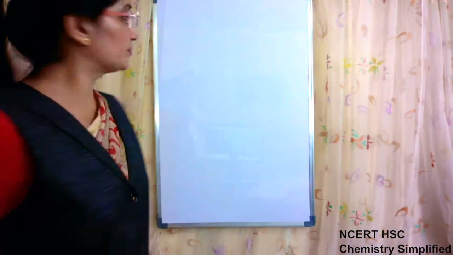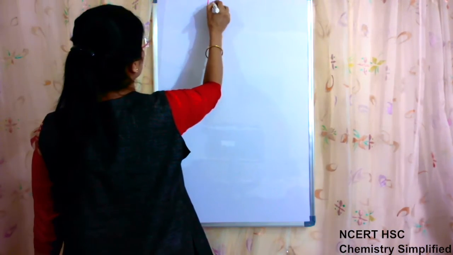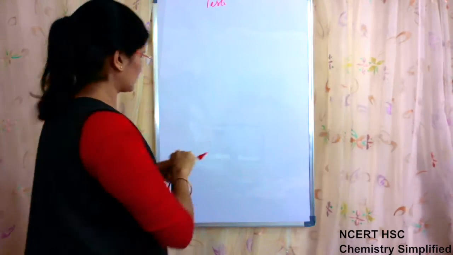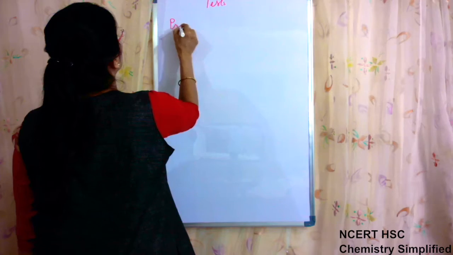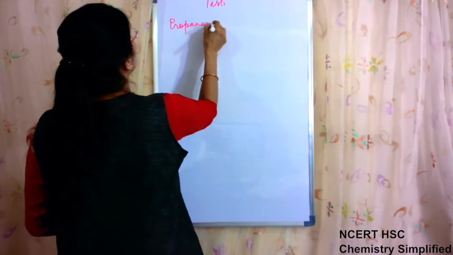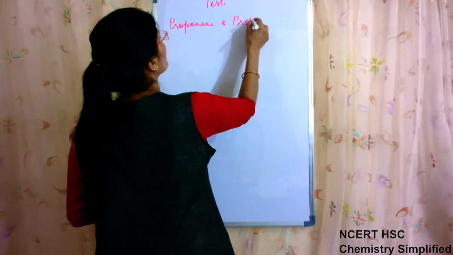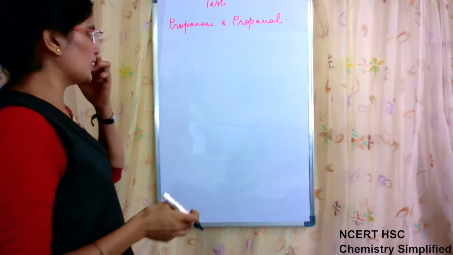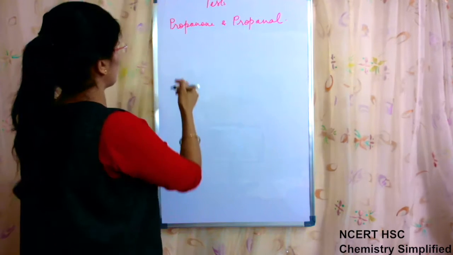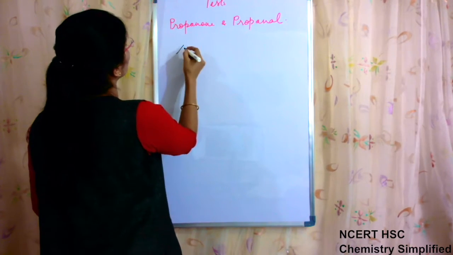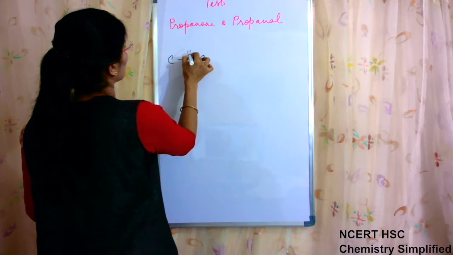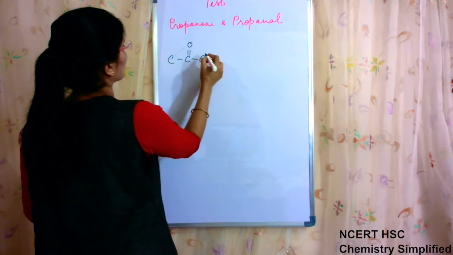So, propanol and propanone. First we have to write the tests. First thing is to write their formulas, so it will be very clear which test we have to use. Propanone, that is 1, 2, 3 carbon, and the double bond O will definitely be on the middle carbon.